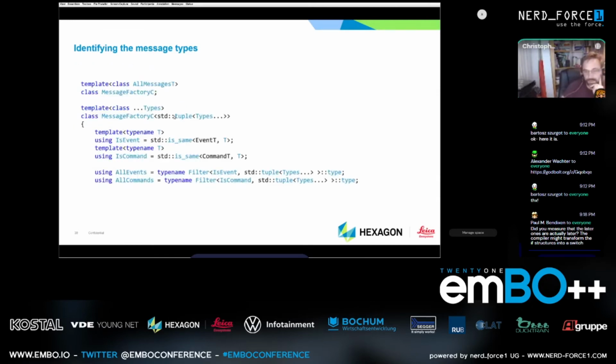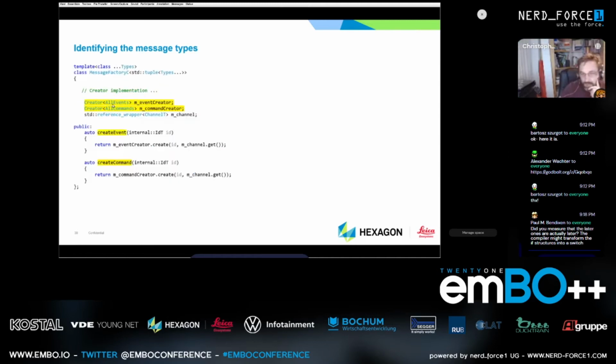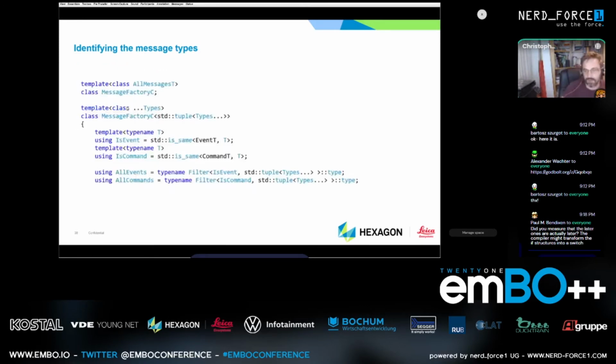But of course, there is something to mention here. The creator gets all events for the event creation and all commands for the command creation. So we need somehow to filter that first, because we get only the tuple with the according types. So we generated a small helper function, isEvent.